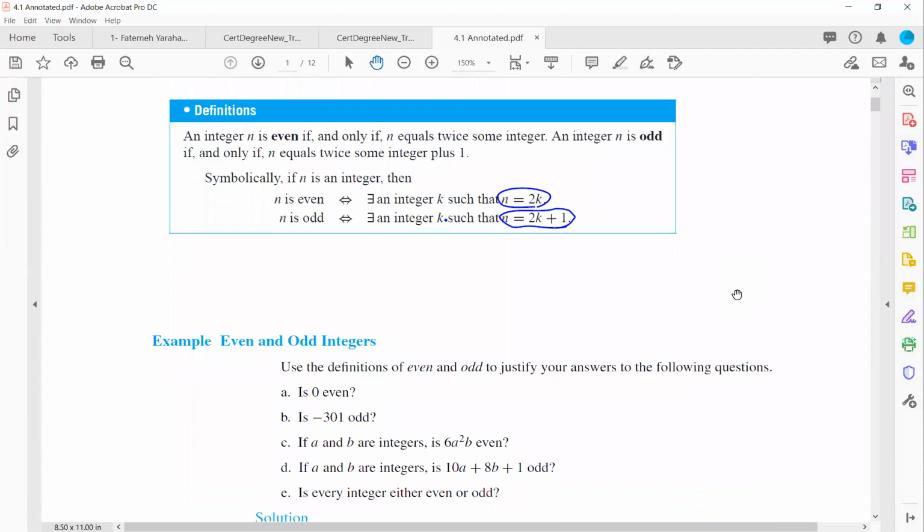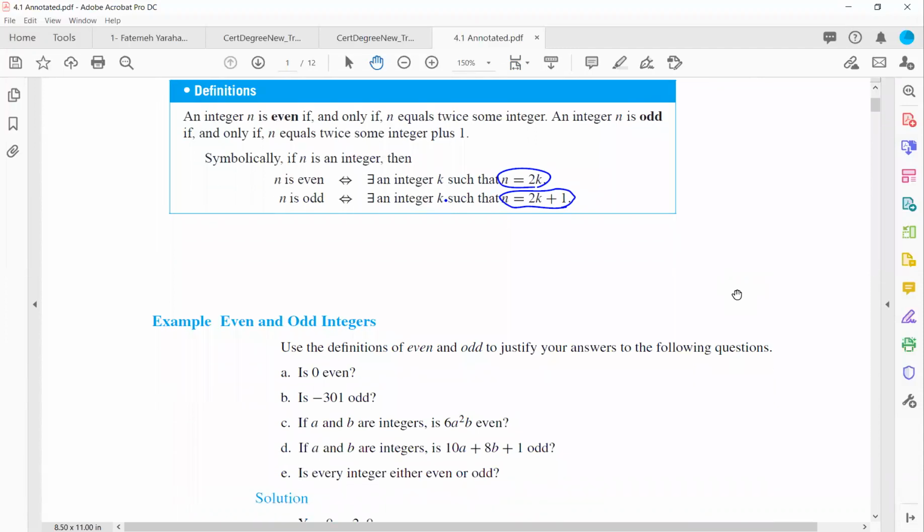Let's go over one example together, see what's going on. Use the definitions of even and odd to justify your answers to the following questions. A, is 0 even? B, negative 301 is odd. Part C says, suppose A and B are integers.